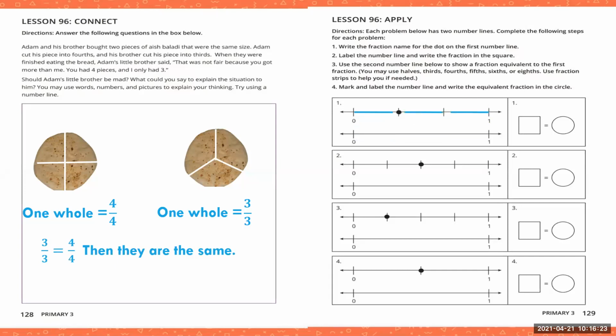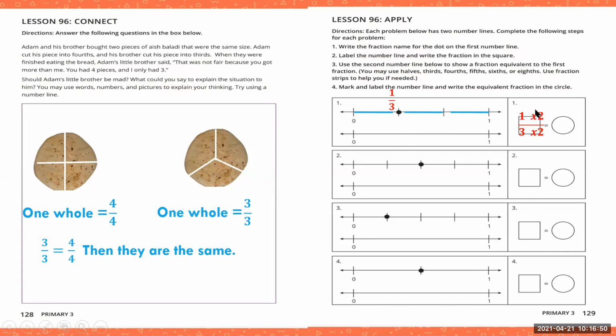We have 3 equal parts, and if we put our fractions, 0 will be 0/3. Here, 1/3. Yes, 1/3. And here, 2/3, 3/3.